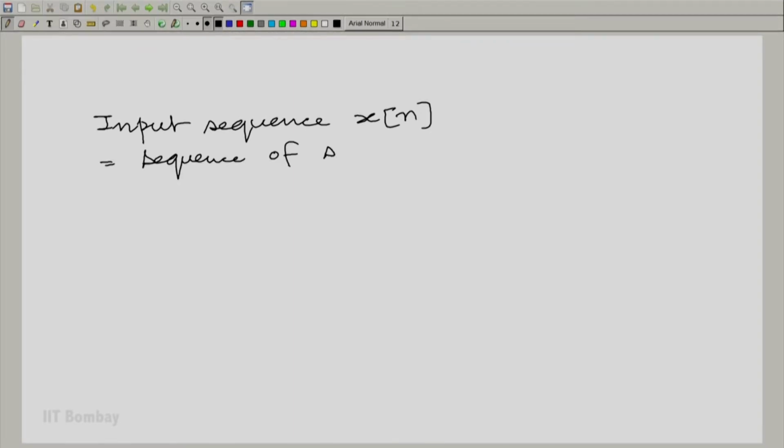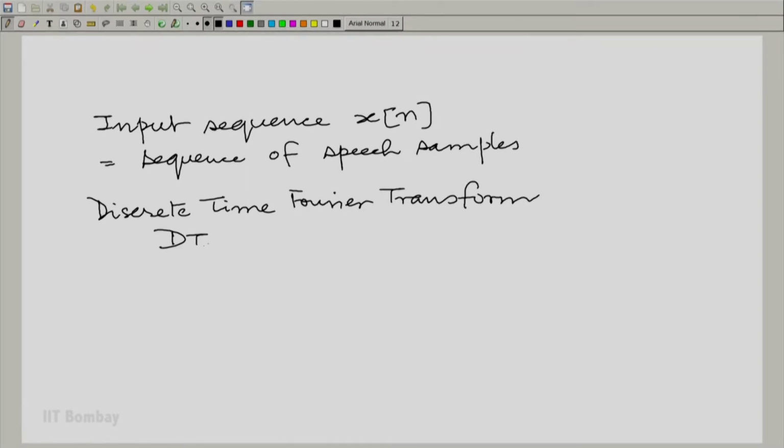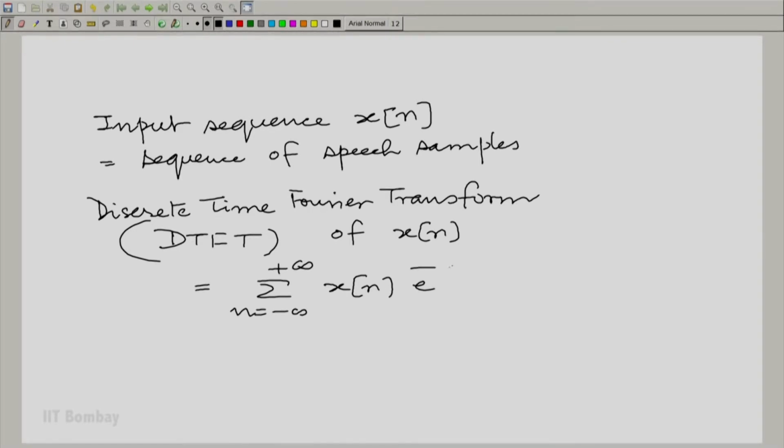This is essentially the sequence of speech samples, and we had constructed its discrete time Fourier transform, abbreviated by DTFT, which was essentially summation n going from minus to plus infinity, x[n] e raised to the power minus j small omega n.